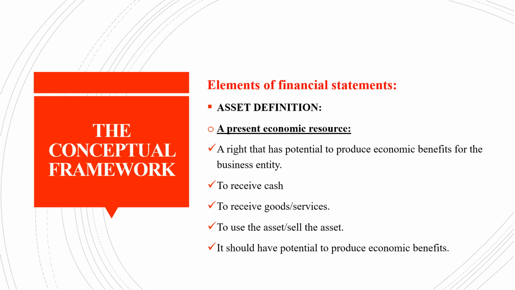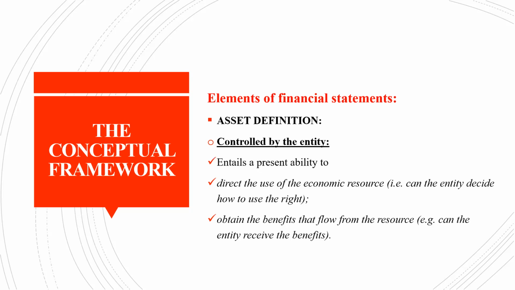So if you've got a right to use such a property, that can be considered an economic resource to the business. If you have got a right to sell the asset, think about the inventory that you have acquired. If you've got the right to sell them so that in the process you are able to receive revenue, then obviously that means we have an asset or an economic resource to deal with.